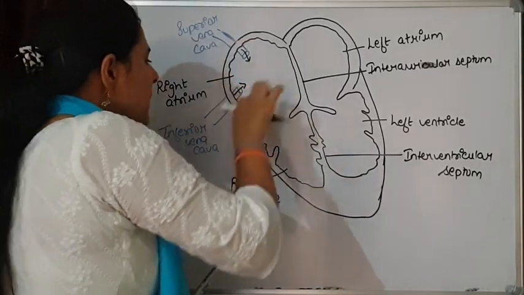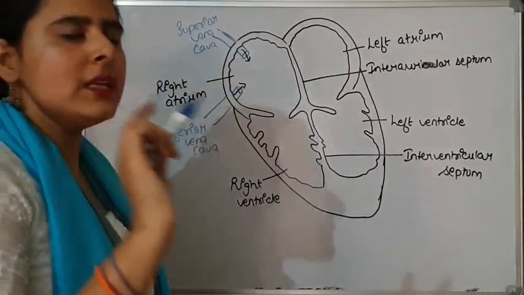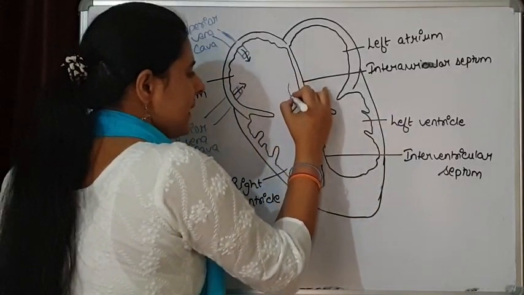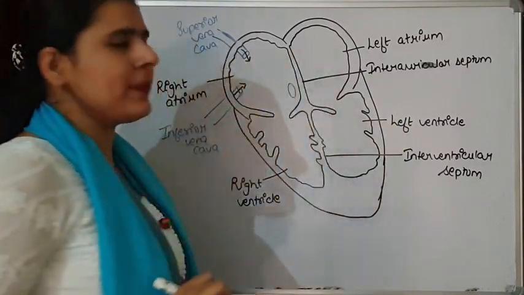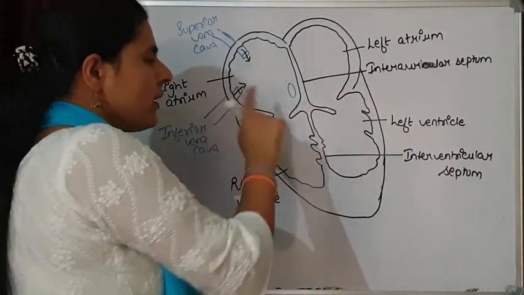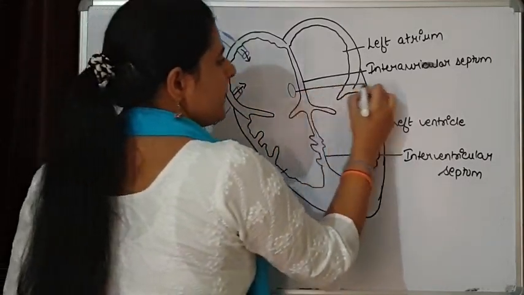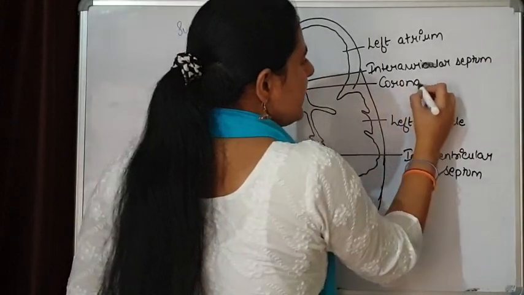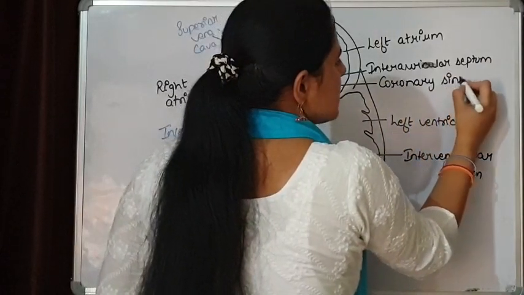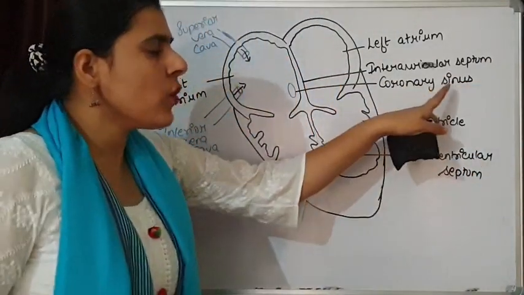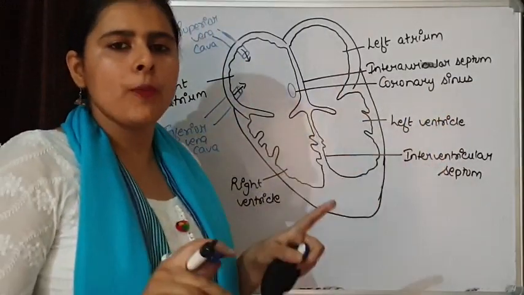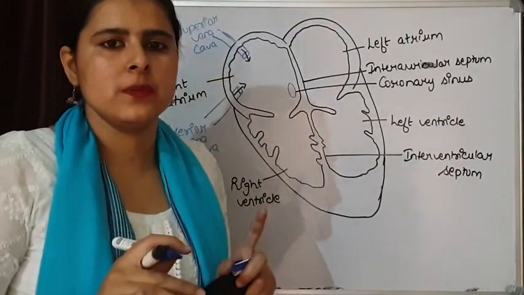Now, along with this, there is one more opening present over here in the right atrium, and this one is the coronary sinus. This coronary sinus is an opening for coronary veins.